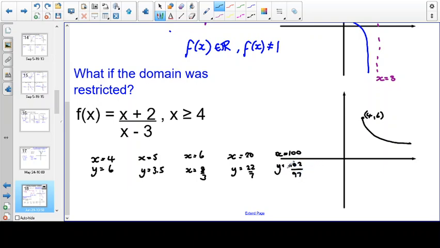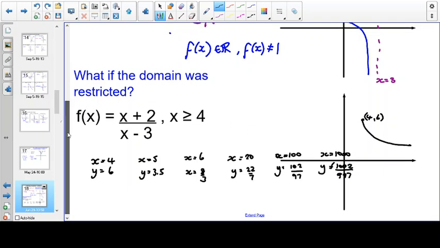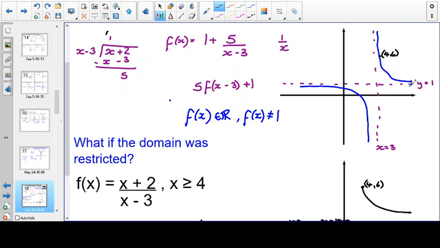Where is this starting to converge to? When x is 1000, y is 1002 over 997. And hopefully you can see that as x is getting bigger and bigger and bigger, y is converging to 1, which it is.